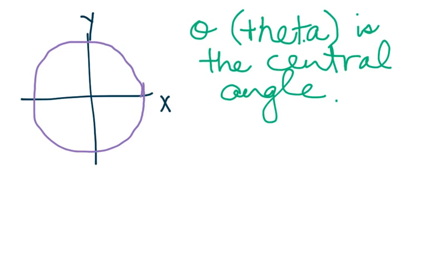I just sketched it. And you need to know that theta is the central angle. So whenever we talk about theta, it's always here near the origin. And we're always going to start here. This is our starting point, and this is what we are going to call 0 degrees, because if you go straight over here, there's no degrees.